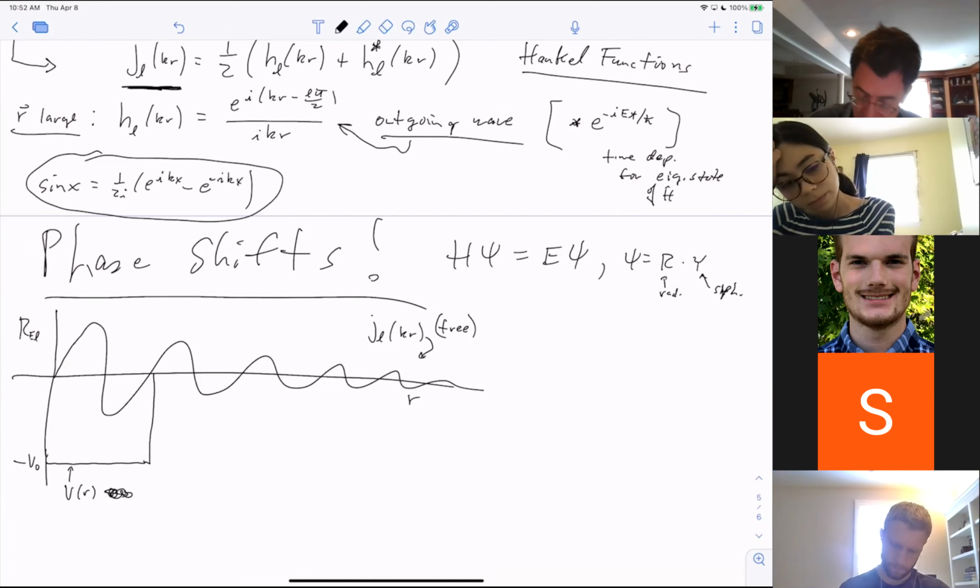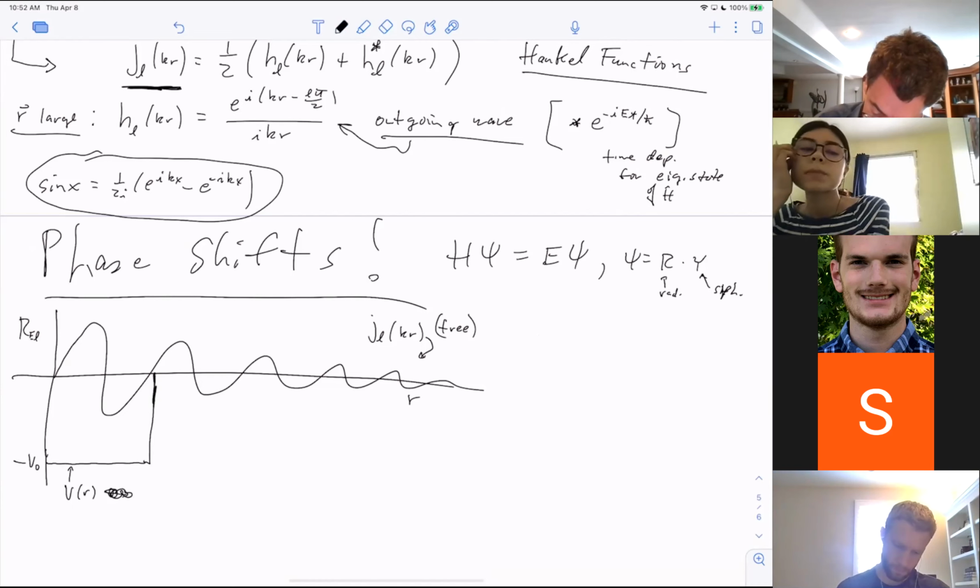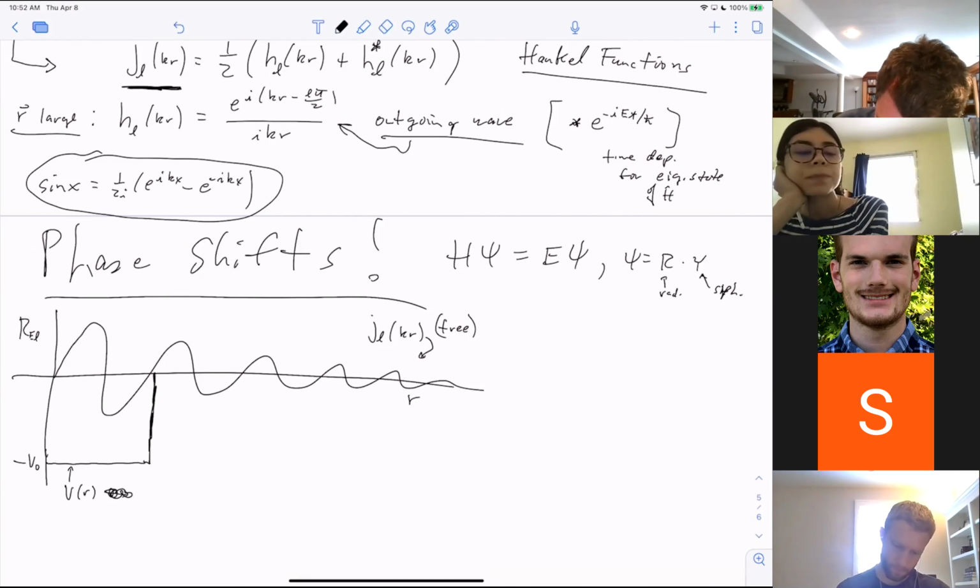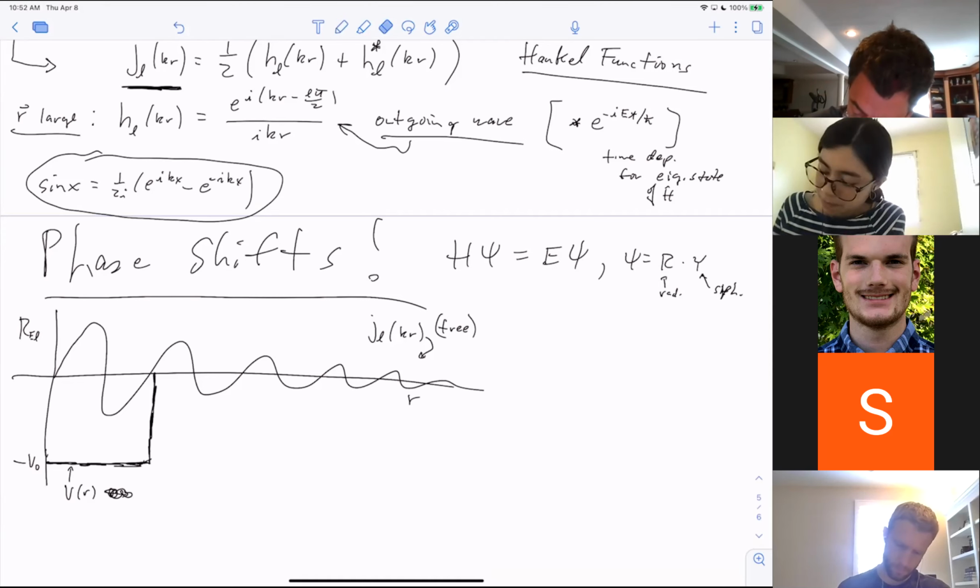I turned on a square potential. So this is my potential. I just turned it on, and it's a sucking potential, right? It's attractive, pulls you in. It's negative. So I turned on this attractive potential.